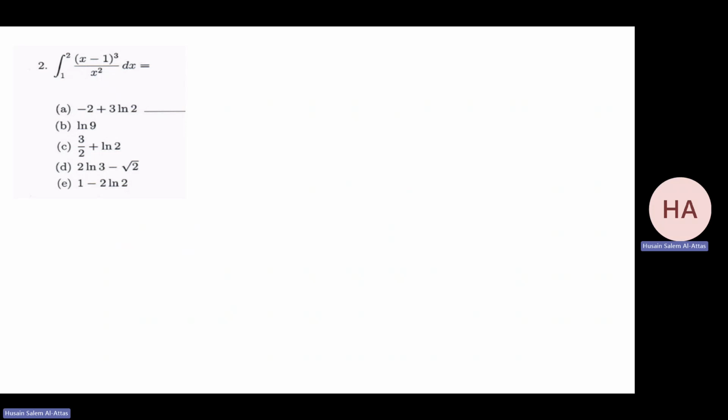X minus 1 cubed. Okay, that will be 1 to 2. I will open this. X cubed minus 3x squared plus 3x minus 1, sorry, all over x squared dx.